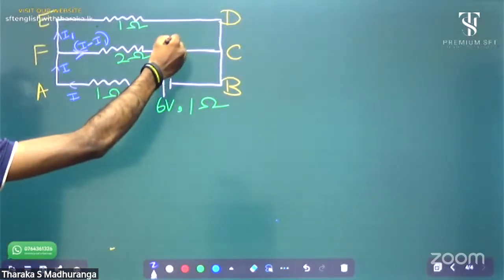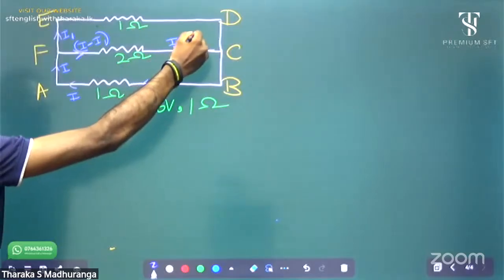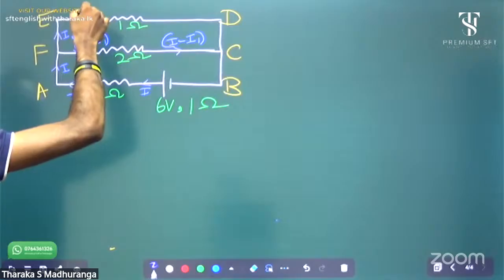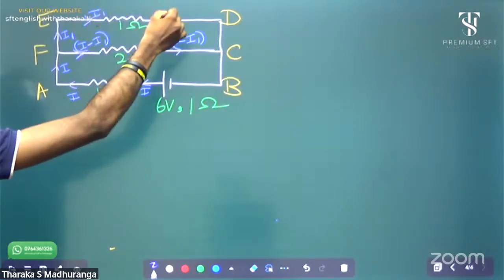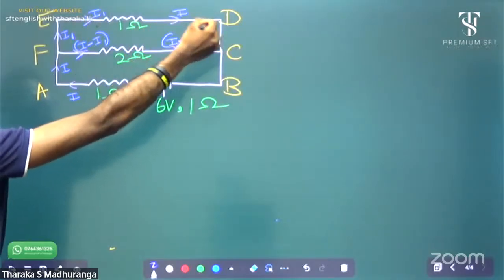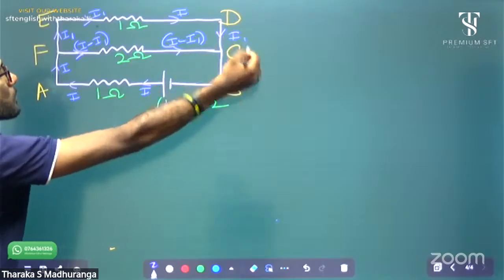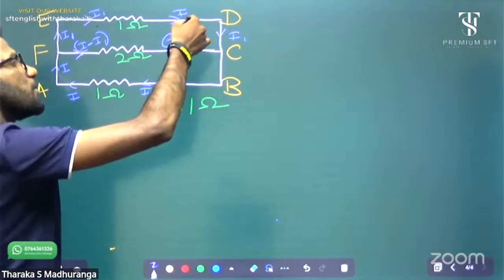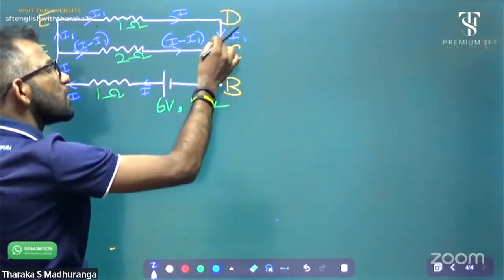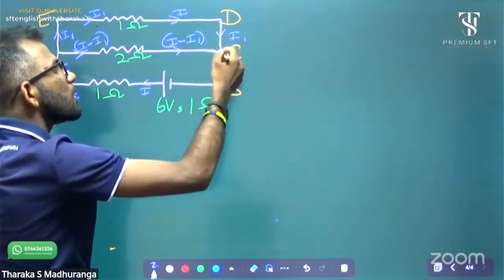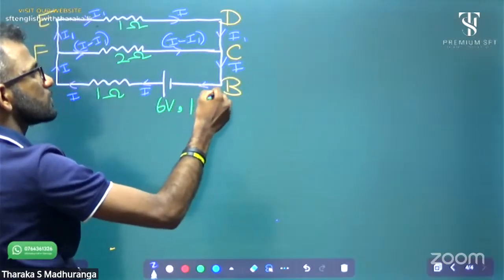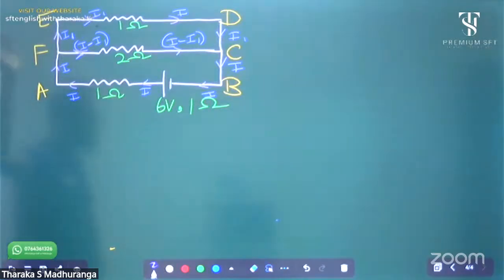Then I1 flows through this upper path. Again, I1 and I minus I1 combine and come to the same conductor. It is again I.